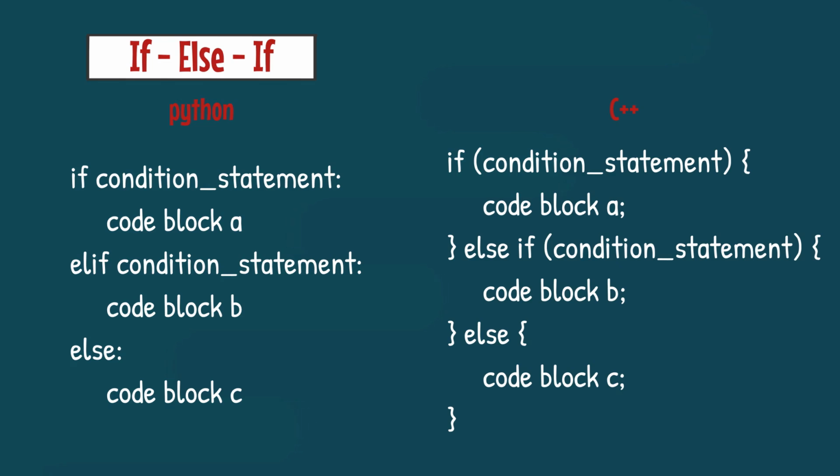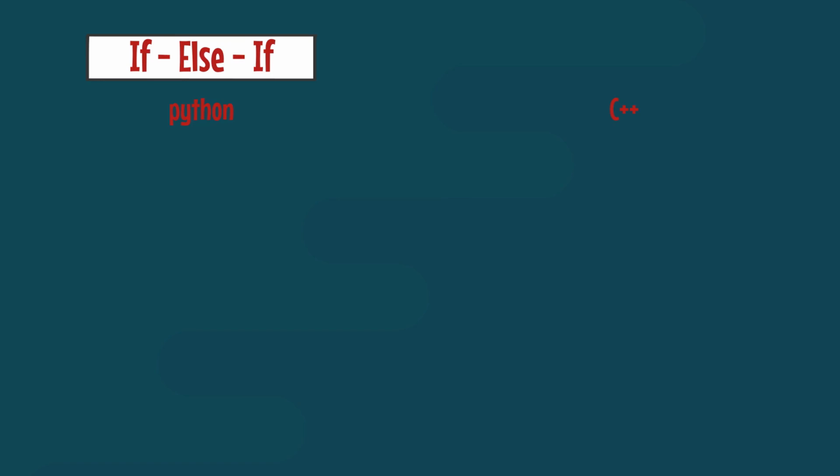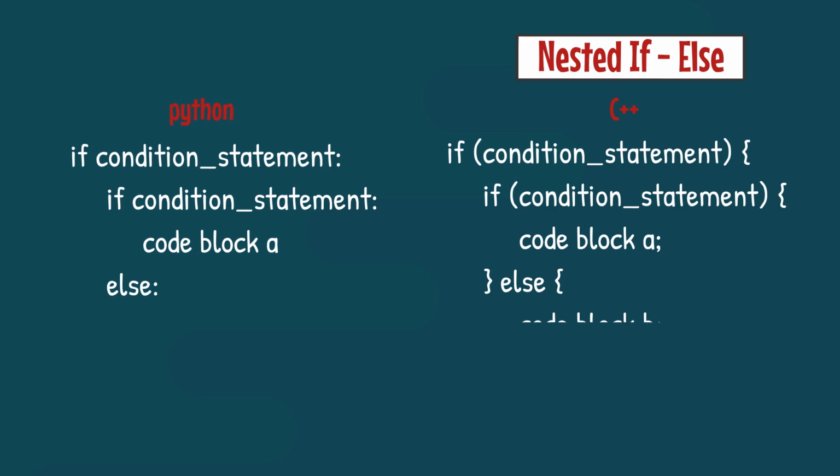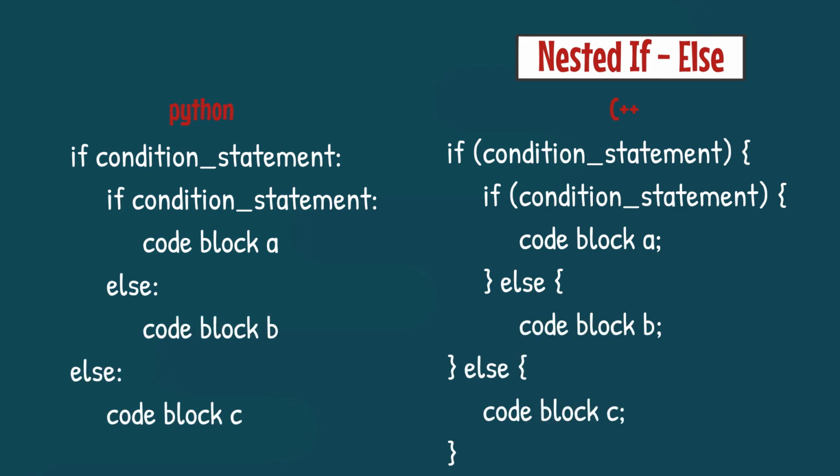If none of the conditions are met, it executes the else block. If there's no else, nothing happens. A nested if statement is when you place one if statement inside another. This means the inner if only runs if the outer if condition is true. It's like adding extra layers of checks before executing certain code.